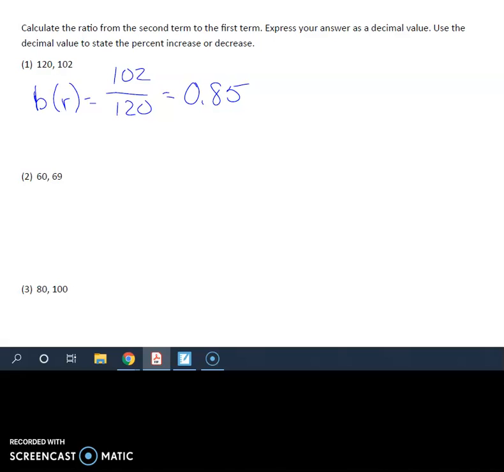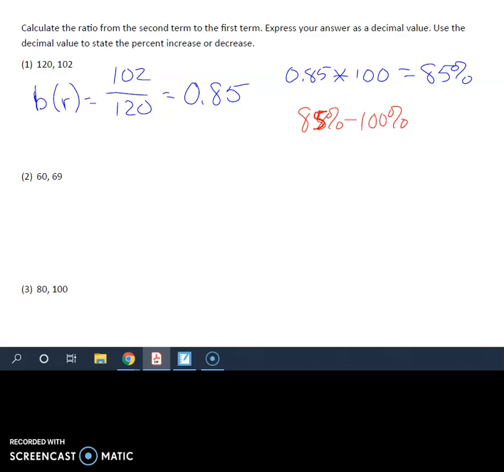To turn this into a growth or decay in terms of percent of increase or decrease, we go back to percent. So we're going to take the 0.85, multiply it by 100, and turn it back into a percent. So 0.85 times 100 is 85, and it's going to be 85%. And the last step is we take that 85% and subtract 100 from it.